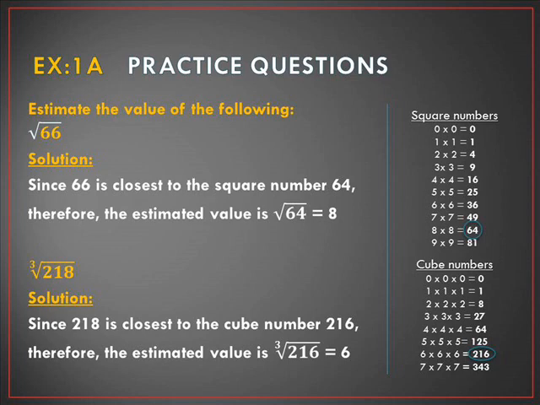As the cube root of 218 is closest to 216, we have written here that the estimated value is cube root 216. To find the cube root of a number, you want to find some number that when multiplied by itself 3 times gives you the original number. Therefore, the cube root of 216 should be 6, because 6 multiplied by itself 3 times gives you 216.